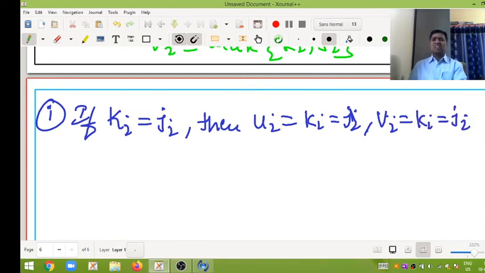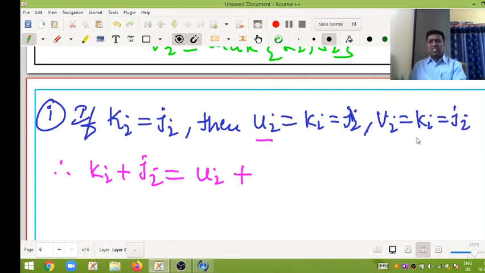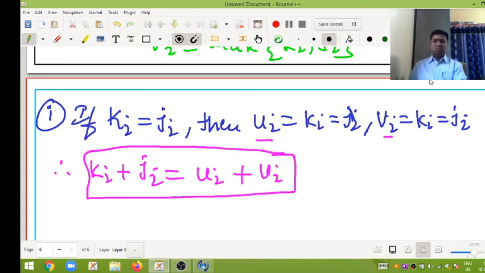Now what do you want? Therefore, ki plus ji value we want to find. Ki is equal to, I am taking ui here. Anyone you want to take, not a problem. Ji is equal to vi, I am taking. So this one proved, my dear friends. For case 1, this one proved.